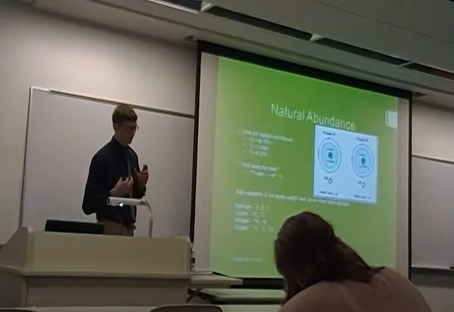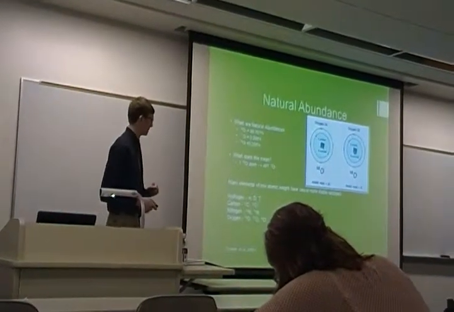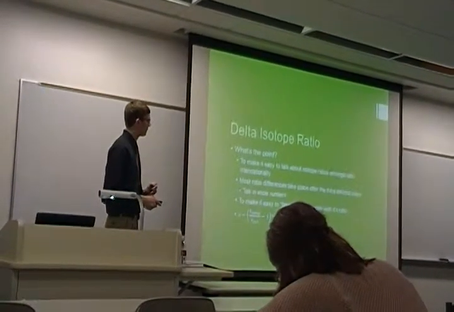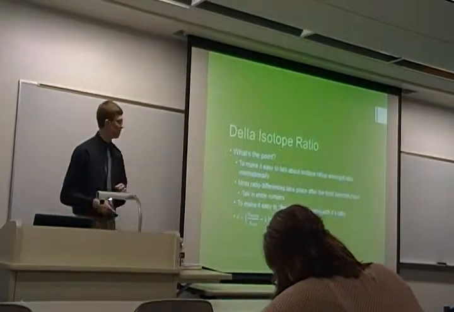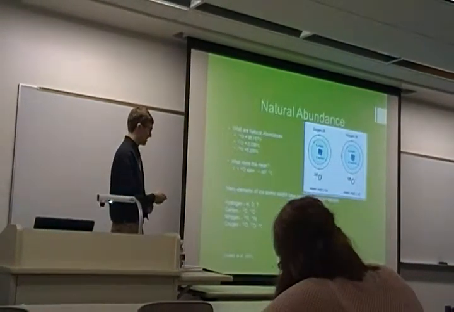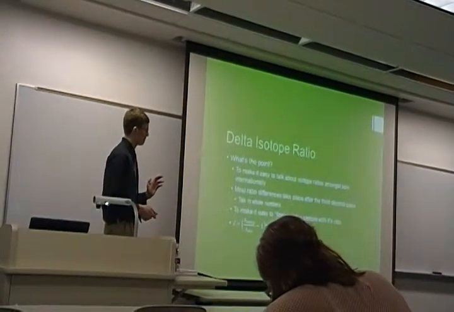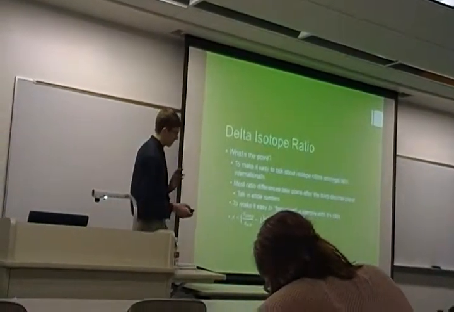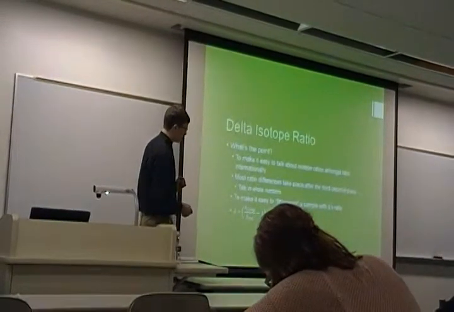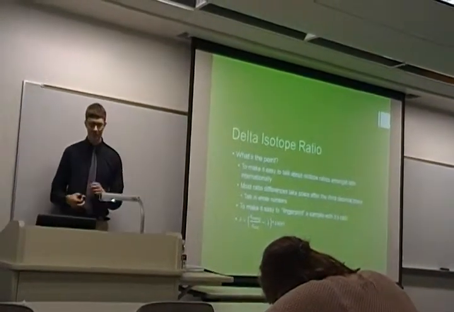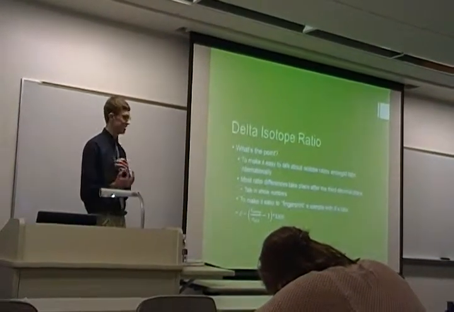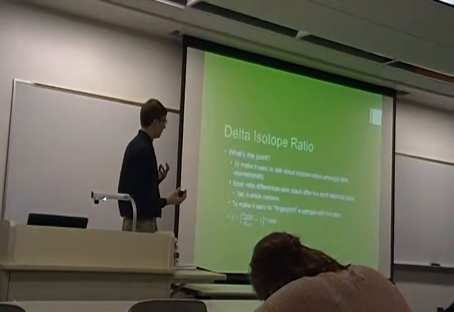And we can use this fingerprint method on all these different things. So that ratio we talked about, like 1 oxygen-18 to 487 oxygen-16s, we can take that ratio and put it into an equation that makes it really, really simple and easy for scientists to communicate about.